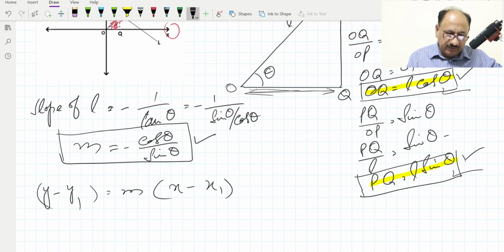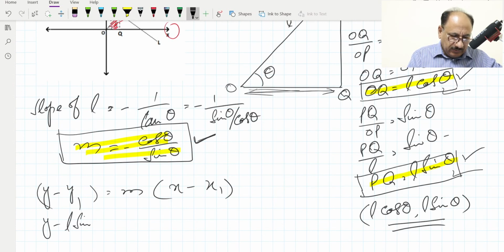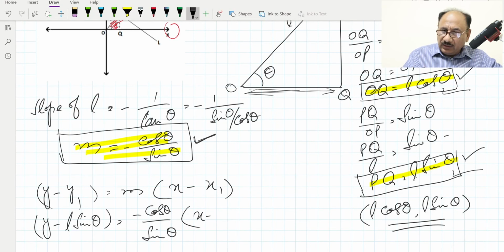This will be the equation of line in point slope form, and our point is L cos theta and L sine theta, and this will be the gradient. So y minus y1 will be y minus L sine theta, and m will be minus cos theta over sine theta, times x minus L cos theta.